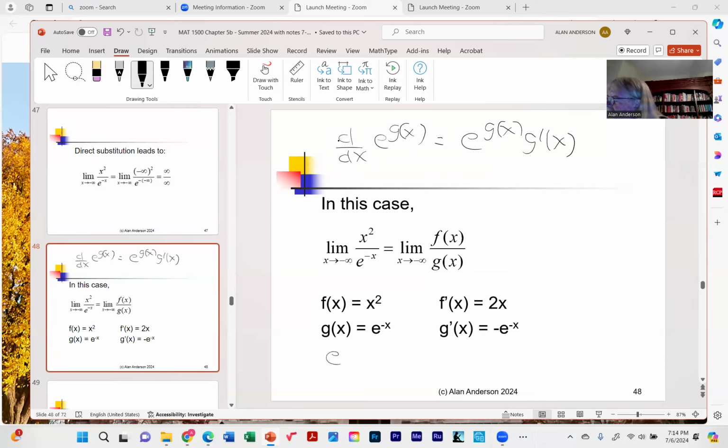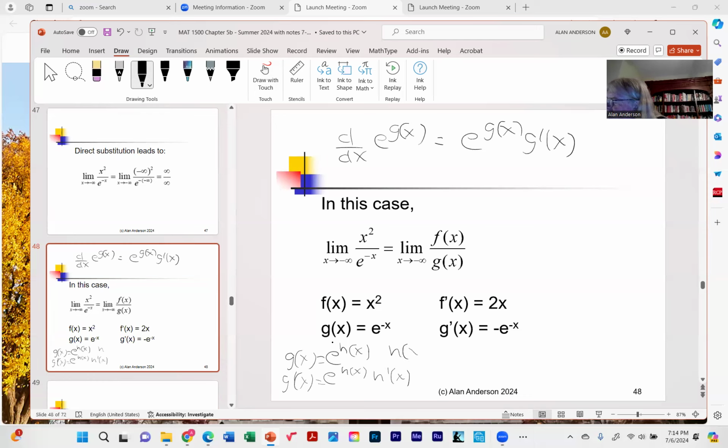So here we have e to the g of x. Well, actually, that's kind of awkward that I'm using the same letter. Let me change it to h. Let's say g of x equals e to the h of x. Okay, so g prime of x would be e to the h of x times h prime of x.